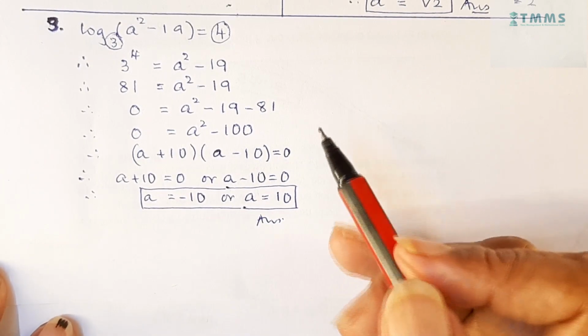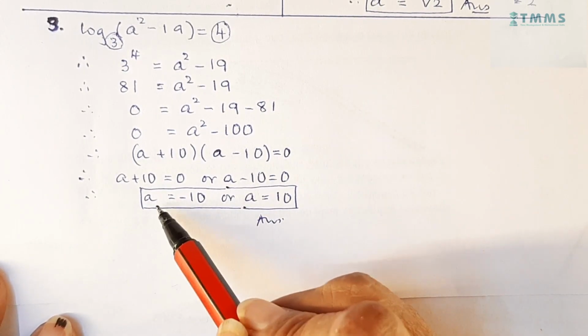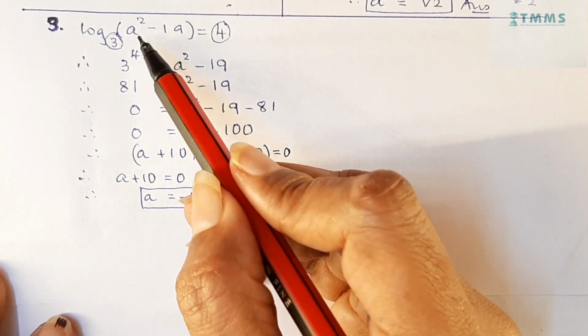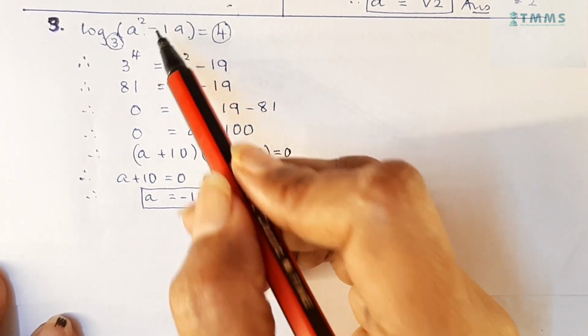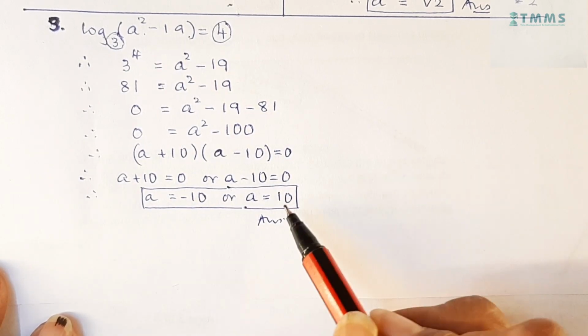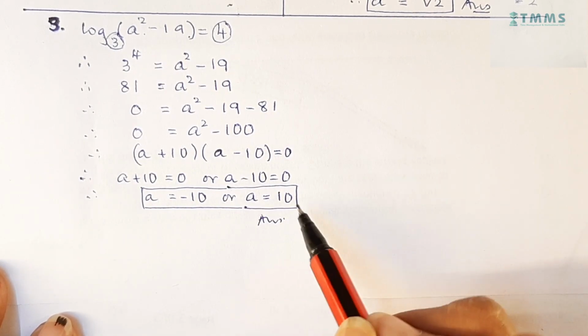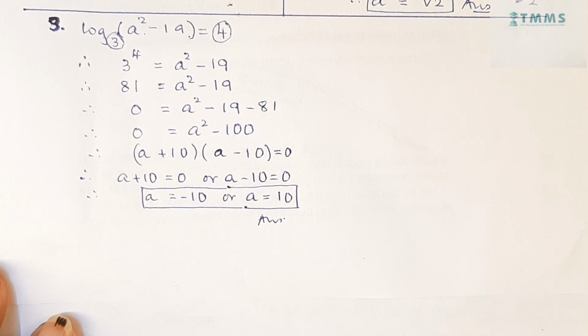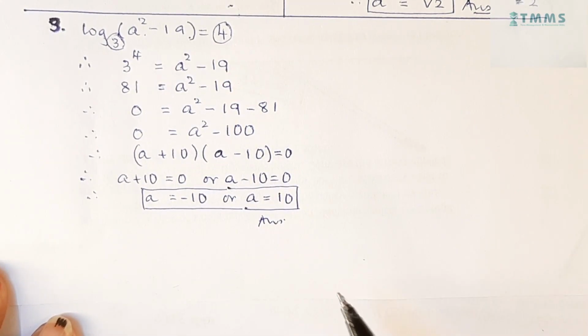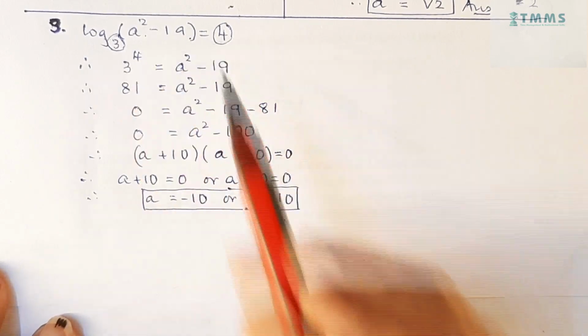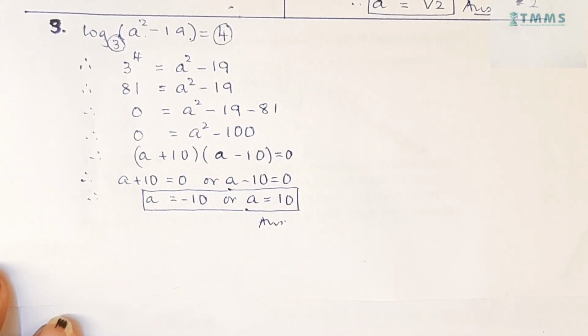Yes, so let's check it out. If it is a equal to minus 10, won't a square be 100? So 100 minus 19, won't it be 81? The same thing happens for this also. If a is 10, a square becomes 100 and 100 minus 19 is 81. Okay, so 81 is of course 3 raised to 4.